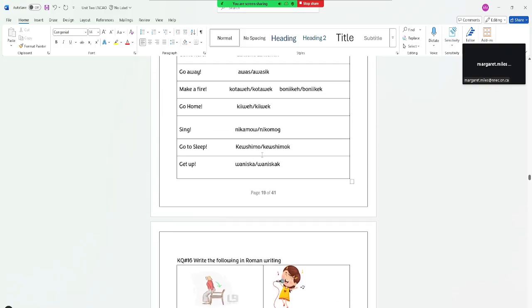Kwesimo is singular and kwesimuk is plural. Go to sleep. Next word is get up. One is ska, and plural, one is skag.